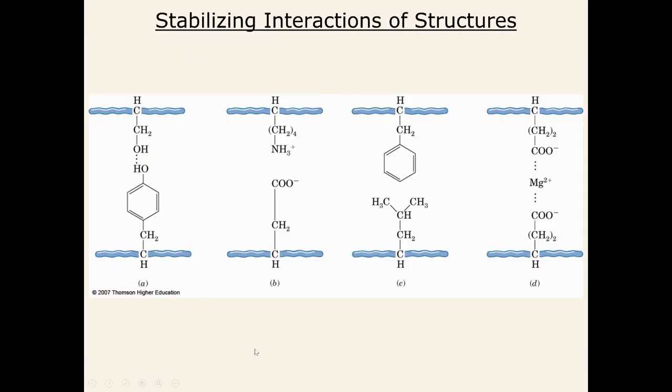This is one of my favorite slides. This is showing all the stabilizing interactions that can stabilize 3D structures. So now your protein is folding, and it has to find a way to stabilize those amino acid interactions. This first one here, take a moment and take a look.